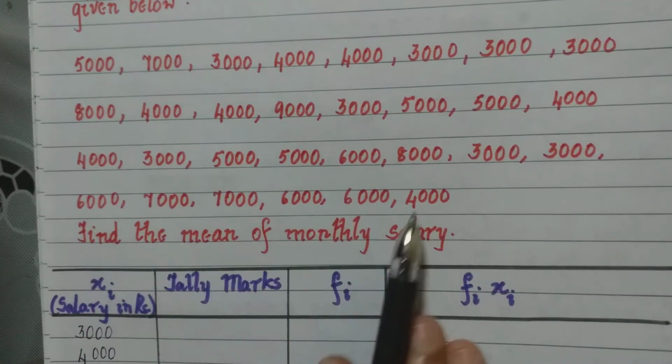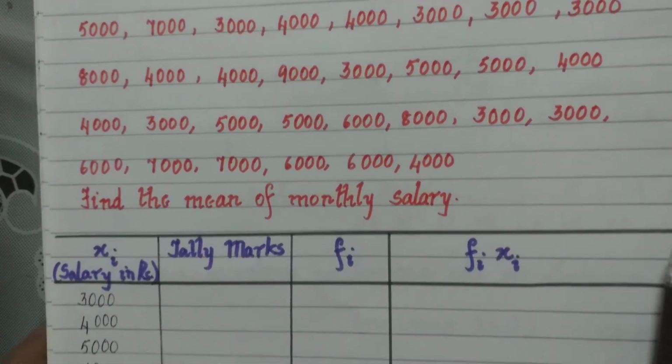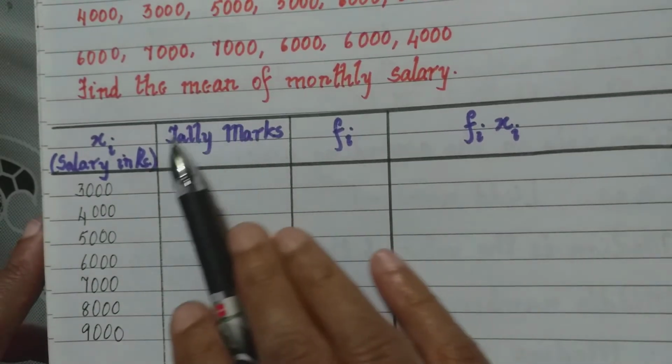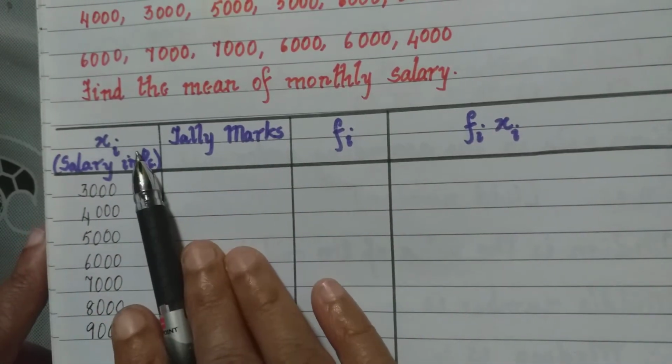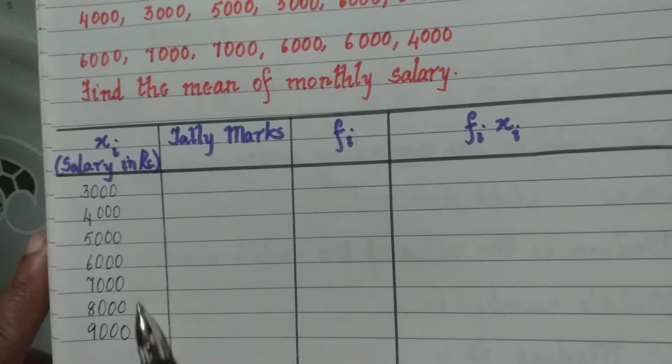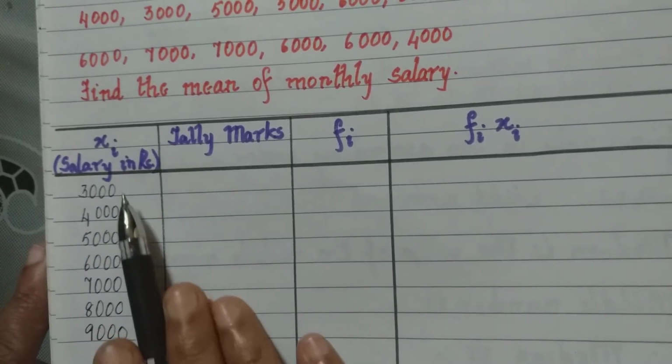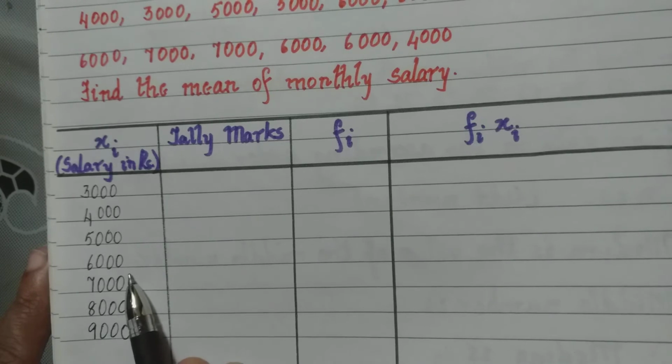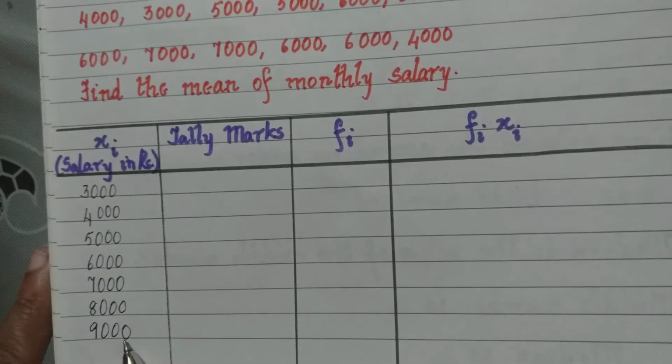So the salaries vary from 3,000 to 9,000. In our first column we write salary in rupees, that is Xi, the score: 3,000, 4,000, 5,000, 6,000, 7,000, 8,000 and 9,000.